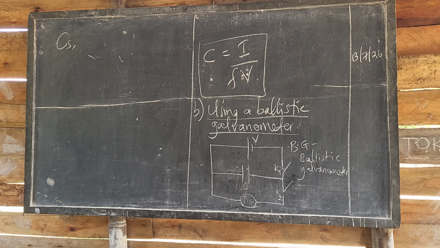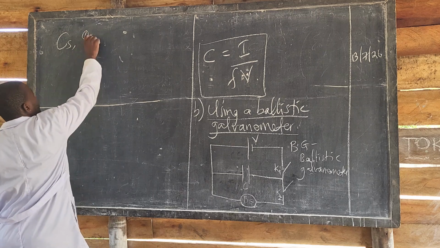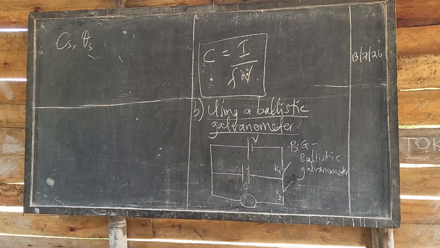Full stop. Another step: switch K2 is now closed, and the deflection of big E, theta subscript S, is noted.